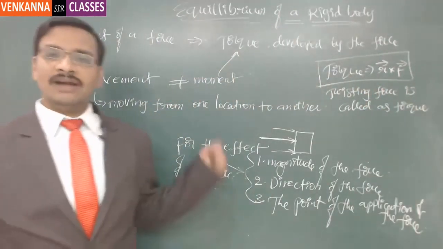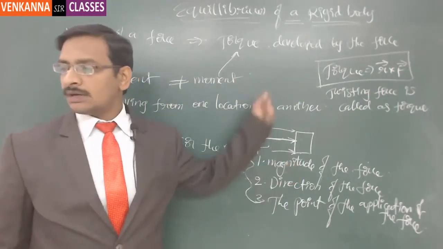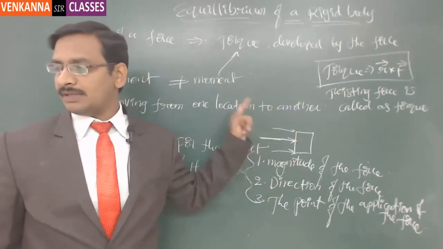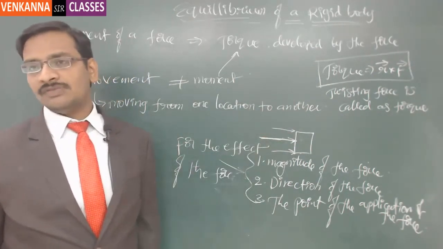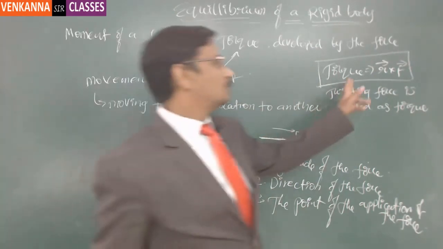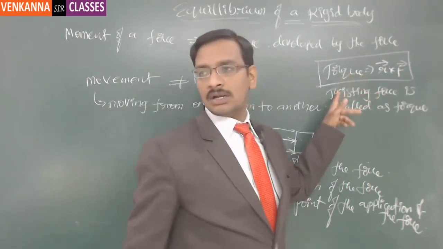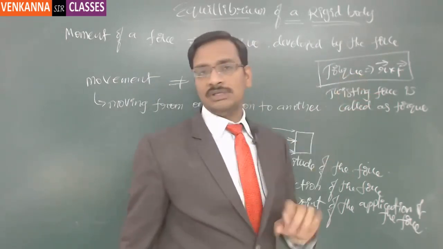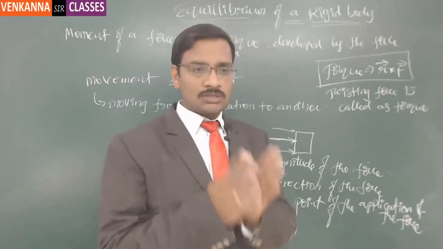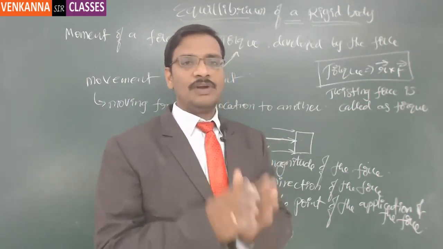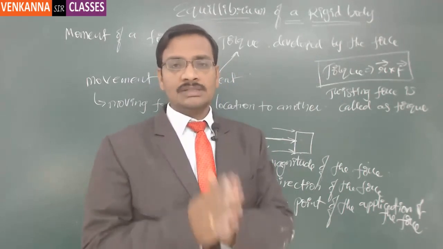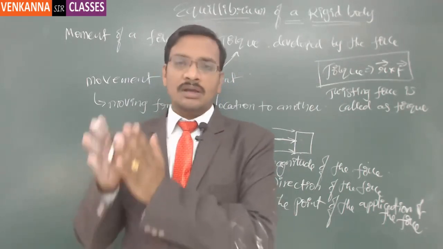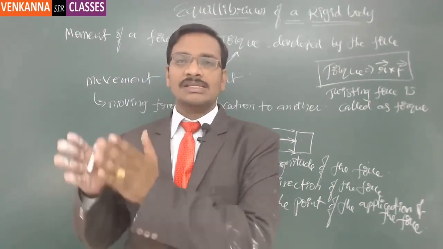Now force will have a direct impact of linear movement. Torque will have an indirect impact. That is, it will try to rotate the body without changing the center of gravity of that particular body. Here, whatever force quantities are having effects on the body in case of linear movement are exactly equivalent to the quantities in case of circular movement.